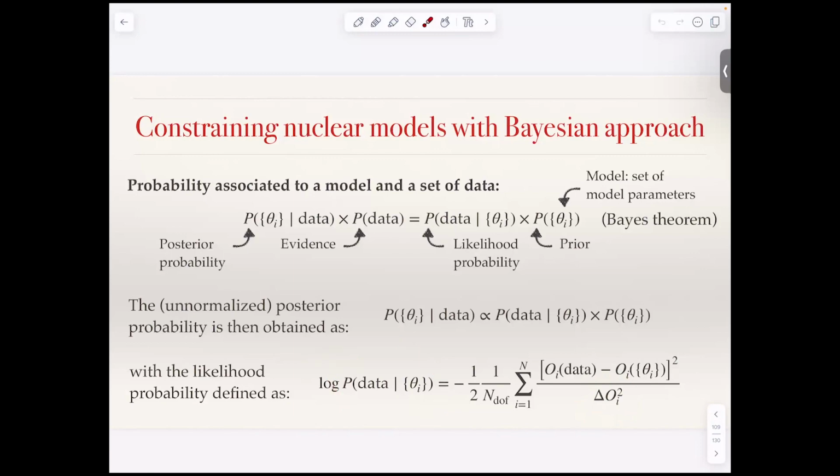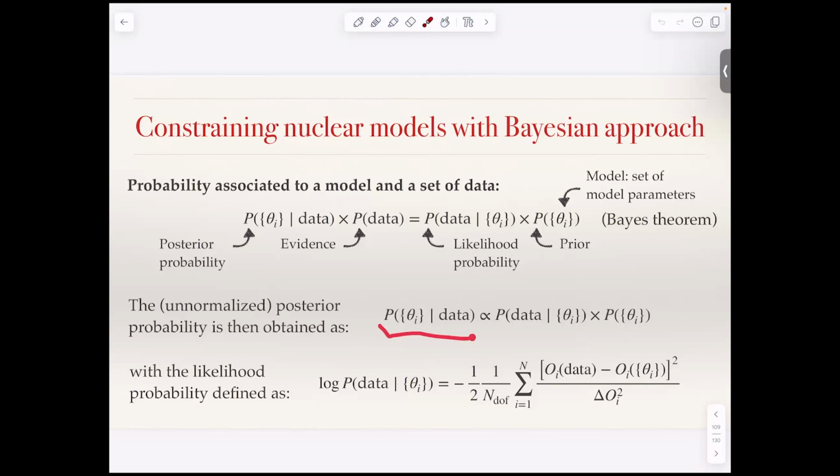So the principle of the Bayesian approach is to assign to a model, given some data, a probability, which is defined as a product. This is not exact because you have to normalize your probability. If you do that, you have an unnormalized probability, and the norm will give you the evidence.